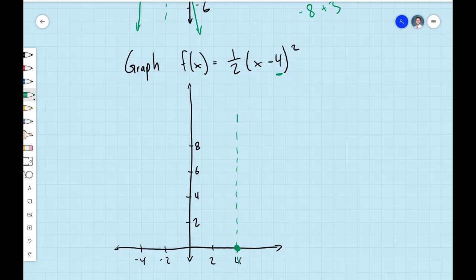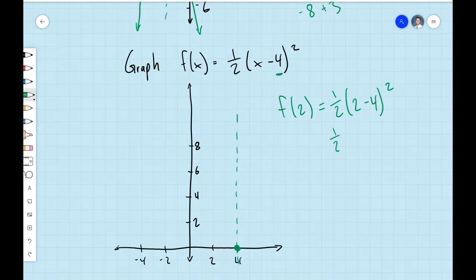Now again, we've got our axis of symmetry, so let's plot 2 more points, and then we can find the corresponding points on the other side of our axis of symmetry and go ahead and graph this. So let's start and find f of 2. f of 2 will be 1/2 times 2 minus 4 squared.